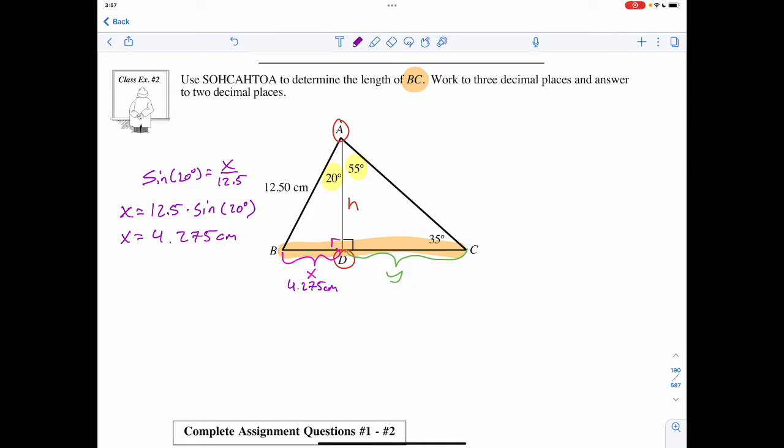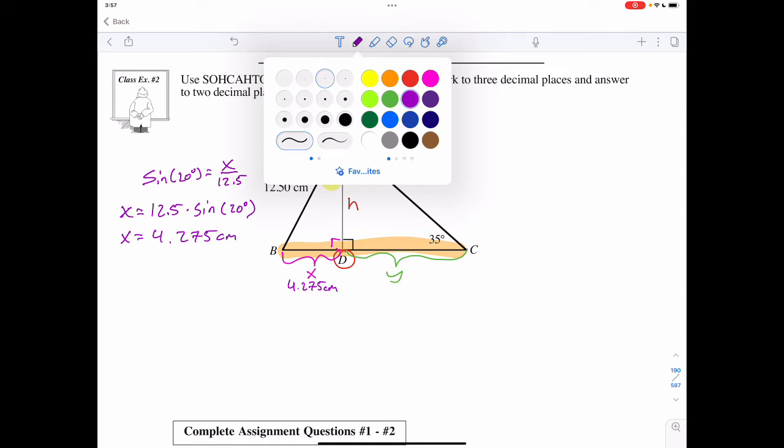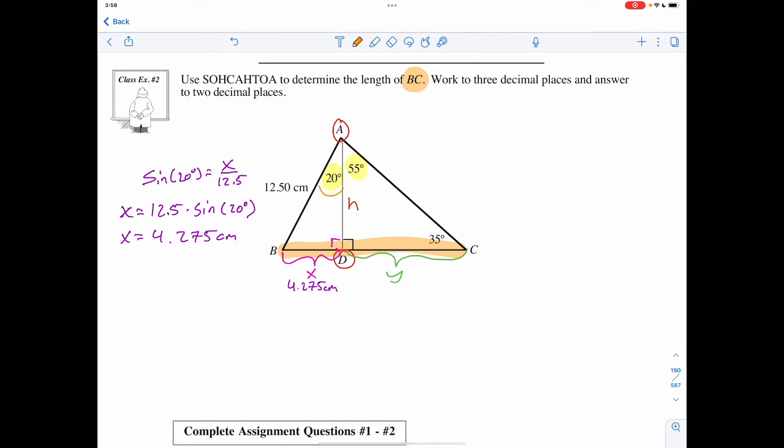Now I can't jump right to solving my y value because I don't know any of the measurements in the right triangle ACD, but I do know that they have a shared side length here that I can solve for. Now when I'm solving for this, I'm not going to use the x that I just solved for in case I made some sort of rounding error. I'm going to use the exact value it gave me. So I know the angle, I know the hypotenuse, and in this case I'm trying to solve the adjacent.